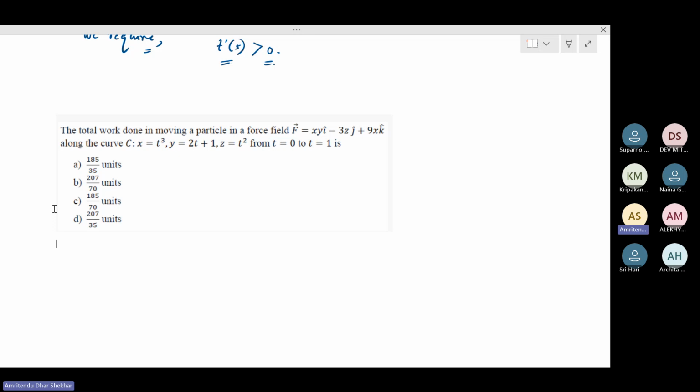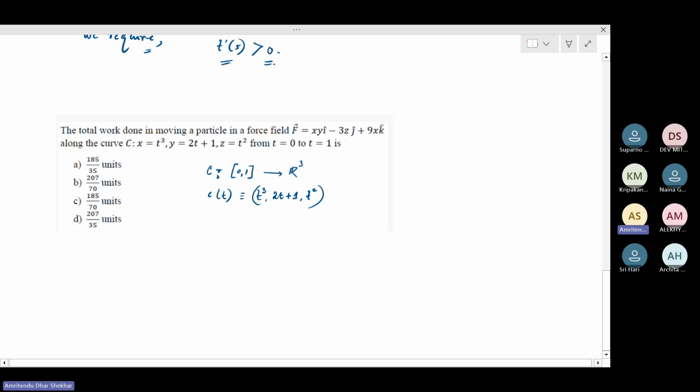I'll just write down the curve and fit it into this formality, and you can complete the integration. So C is a map from 0, 1 to R3, and C of t is given by t cubed, 2t plus 1, and t squared.